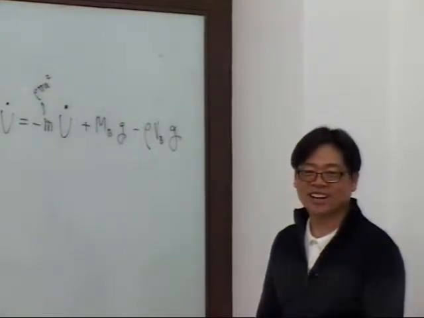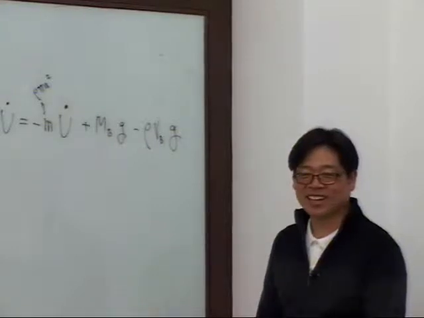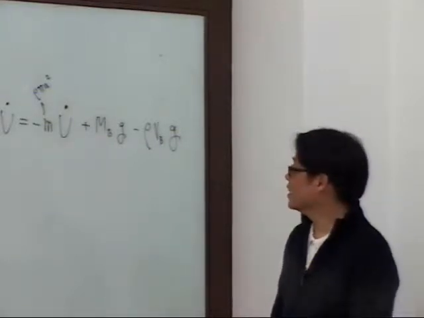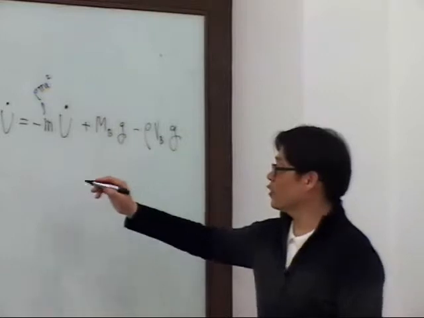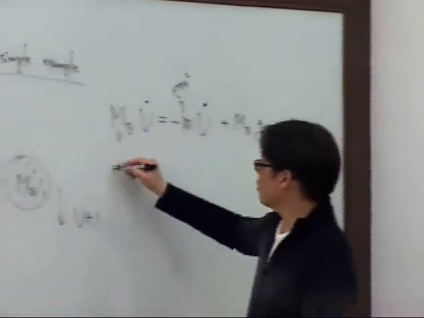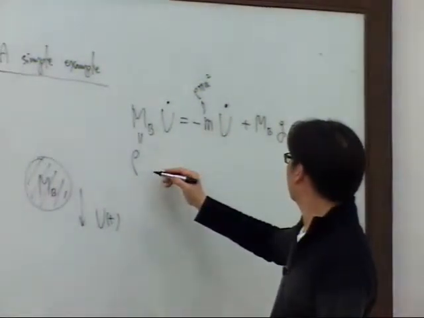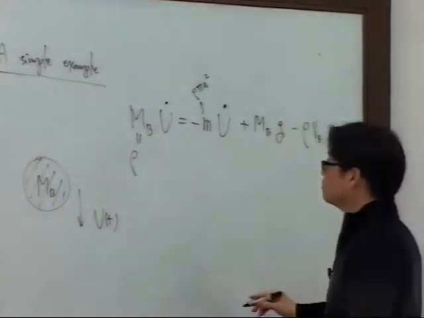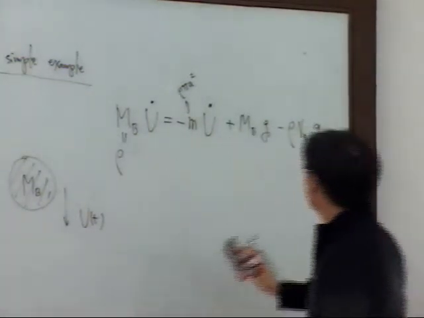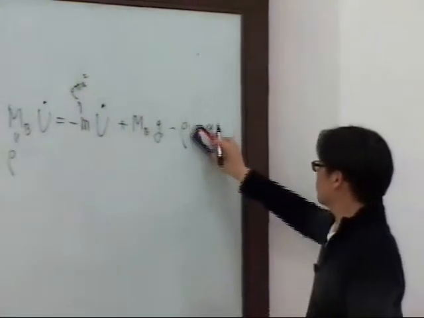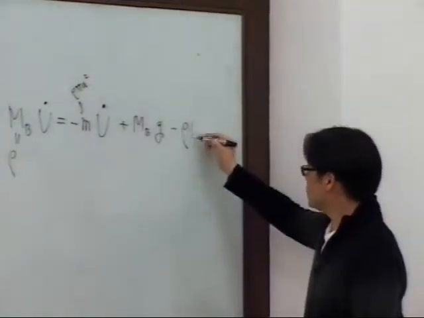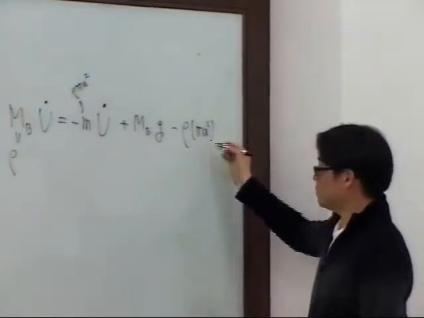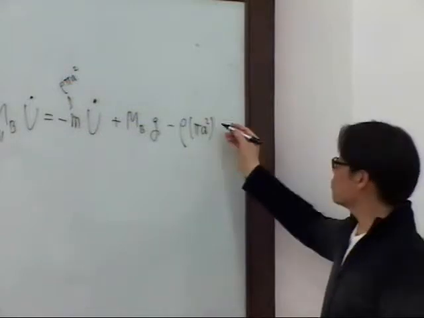Do you agree? That's the buoyancy, right? And so I can rewrite this as rho. This time it's not the area, it's volume, it's area times g, right?